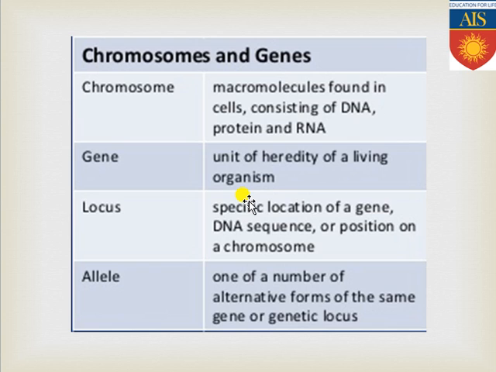Those alternative forms of a gene or gene marker are known as alleles. For some genes, more than 2 alternative forms can be found. That concept is known as the multiple allele concept, which we will discuss later in this chapter. But an allele is the alternative form of a gene or gene marker.